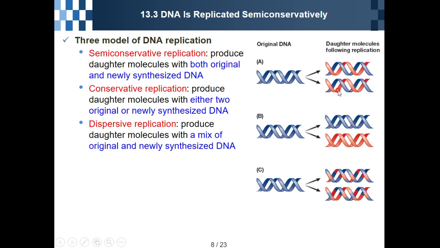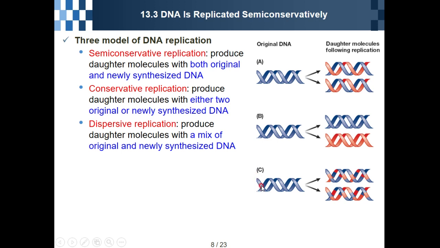Another model is conservative replication. One molecule is replicated and makes 2 daughter molecules: either 2 original or 2 newly synthesized DNA, like this. This is conservative replication.